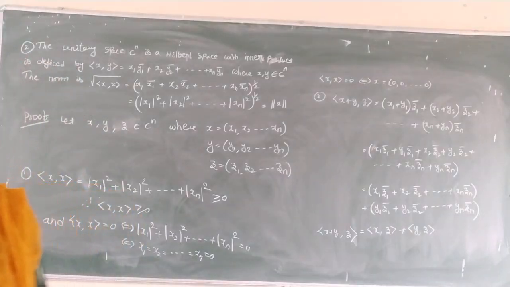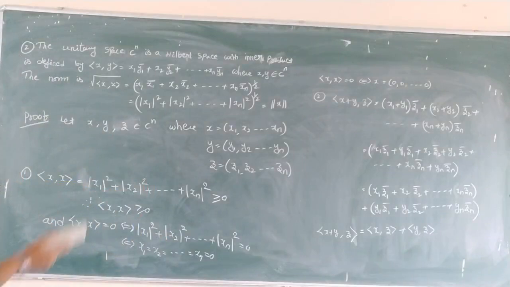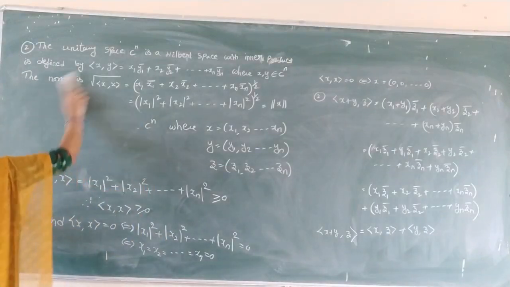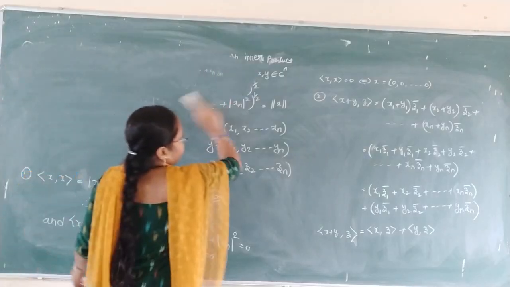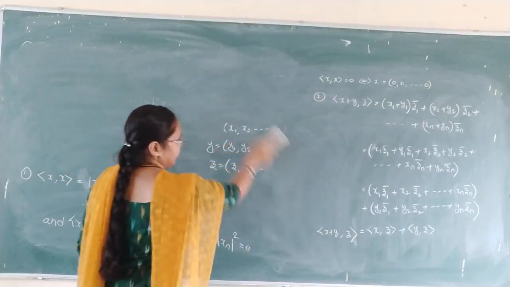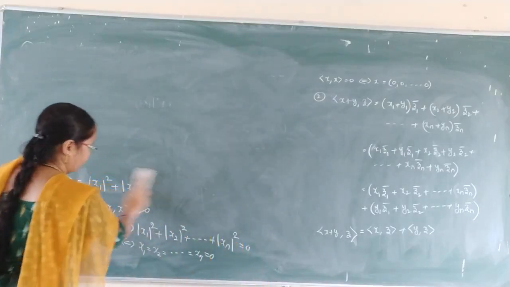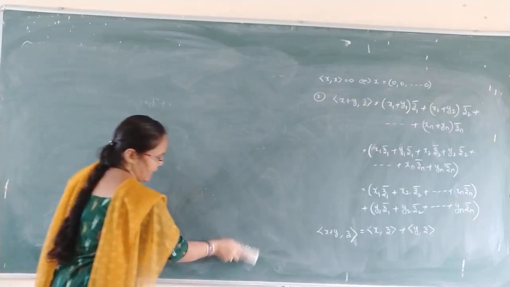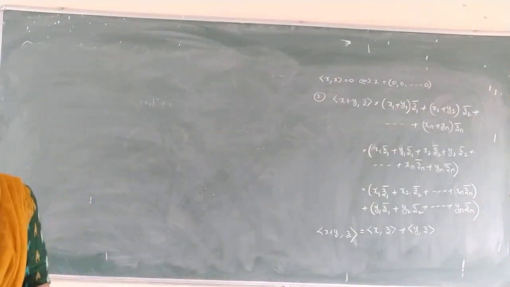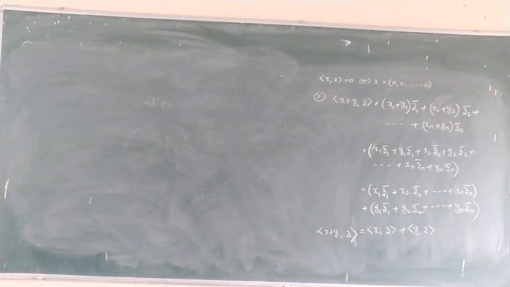Similarly, we will show the third property of the inner product. For this purpose, we want one scalar alpha. So what is the third property? Inner product of alpha x comma y is equal to alpha into inner product of x comma y.